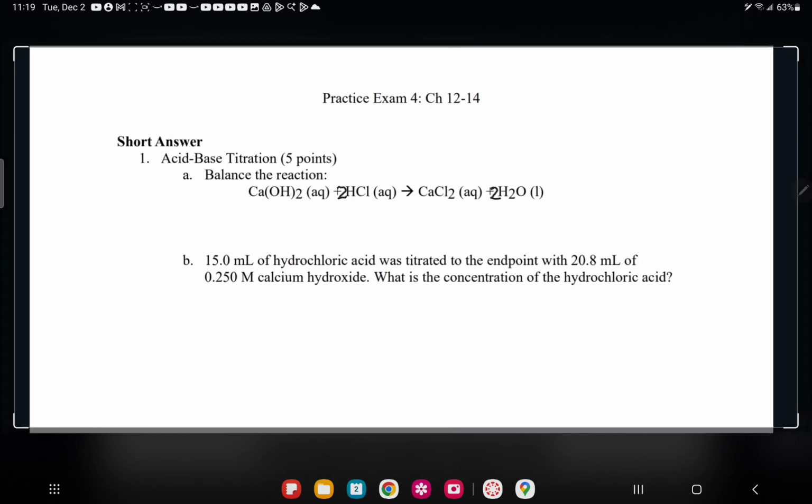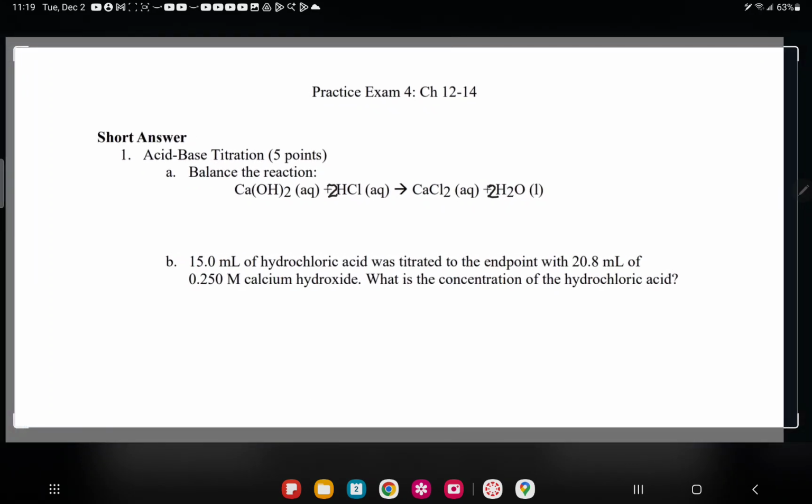Now the second part to this question is asking how much was needed to neutralize the hydrochloric acid. It wants to know the concentration of, so we're finding the concentration of the hydrochloric acid.